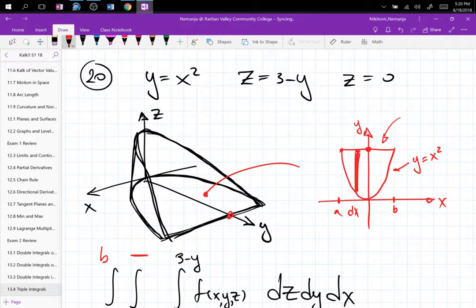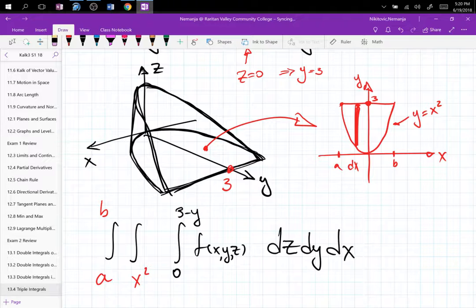So this value over here is 3, on the plane z equals 0, and when I plug in z equals 0, I get that y is equal to 3. And that's the one that goes around. So that's 3. So great. I know that now this is 3, and this is x squared. And as you suggested, a and b are negative square root of 3 and positive square root of 3. Very good.